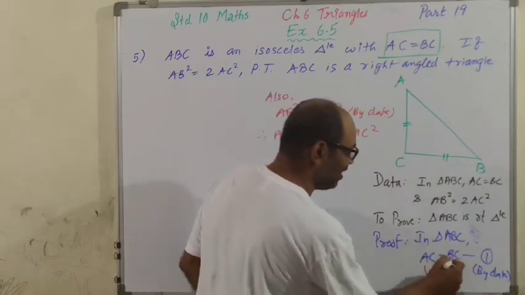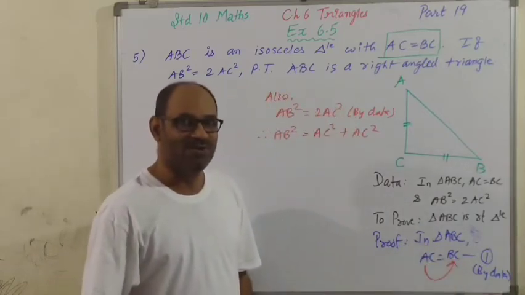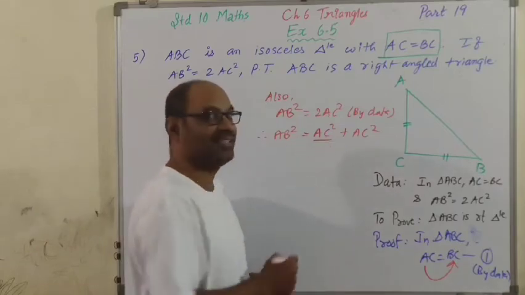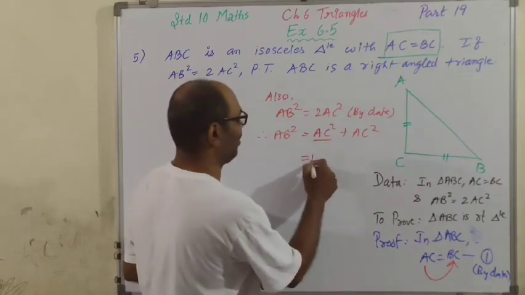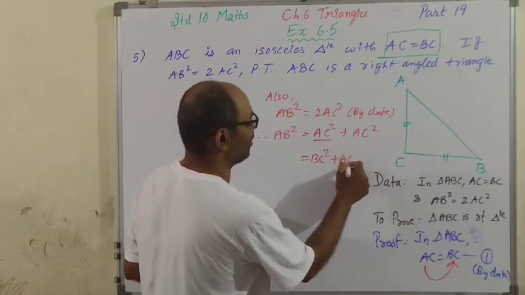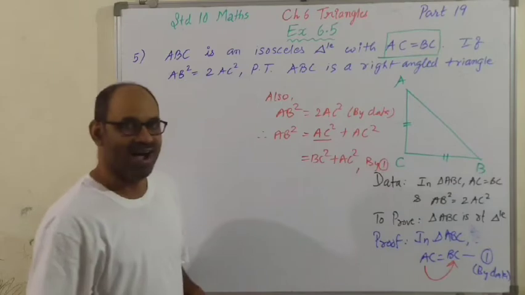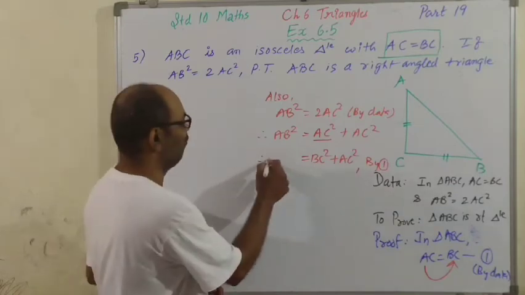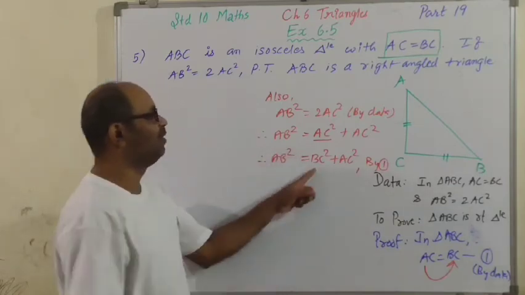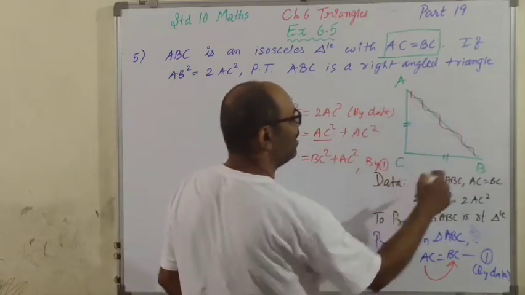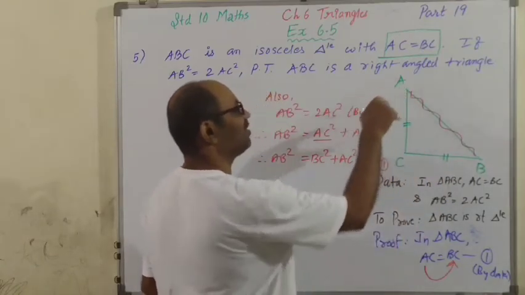But what is AC equal to? BC. So for only one AC I'll put BC, so that is equal to BC square plus AC square by 1. Therefore, AB square is equal to BC square plus AC square. Look here: AB square is equal to BC square plus AC square.